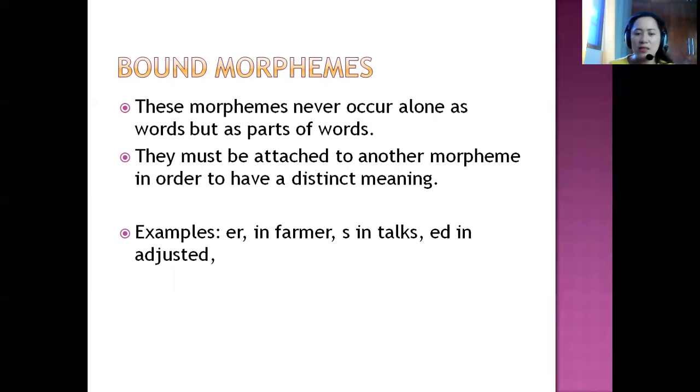So you will pronounce that word as adjusted, with an "id" sound, since the root word or the free morpheme ends with letter T. So if ever the word ends in letter T or letter D, alveolar sounds, remember, the -ed will be pronounced as "id". So adjusted, studded, like that.